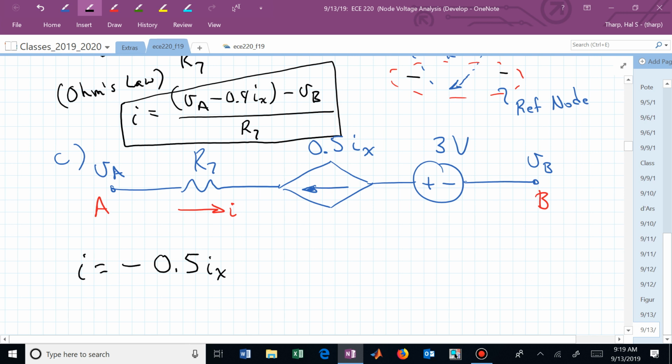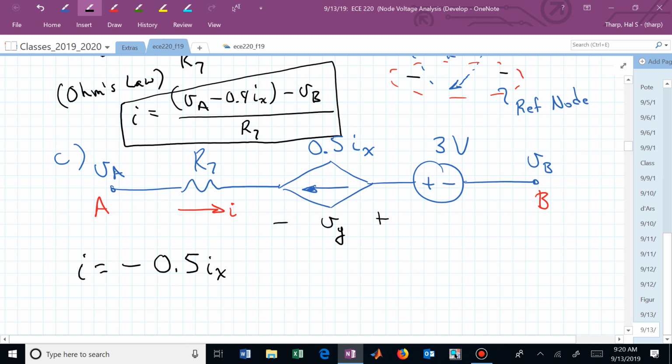One of the things that you can't do here is, do you know what this is? The voltage dropped across that current source? No. So that's an unknown. If we knew that, then we could find out what the voltage is to the right of R7, and then we would have an expression.